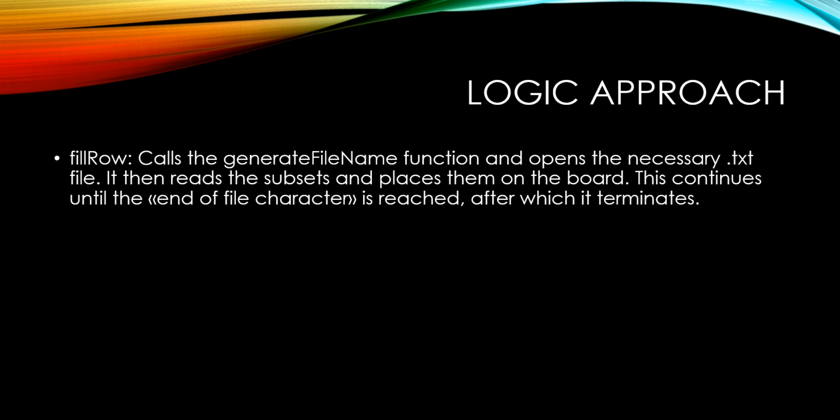And it does this in a couple of steps, and we know that every single file in our file jungle has an end of file character that is placed at the end of the file, and when that character is reached, this function is terminated.